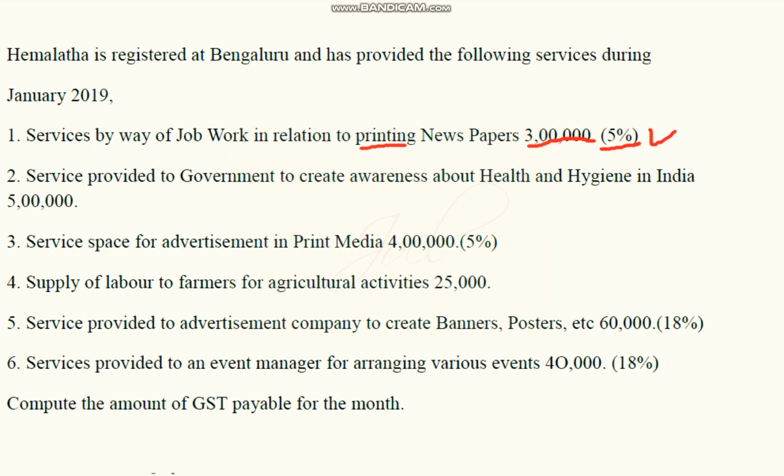In that case all the transactions are to be considered as SGST and CGST, intrastate transactions. 3 lakh into 5% comes to 15,000, and when we divide equally, it is 7,500 each, which we write under SGST and CGST.